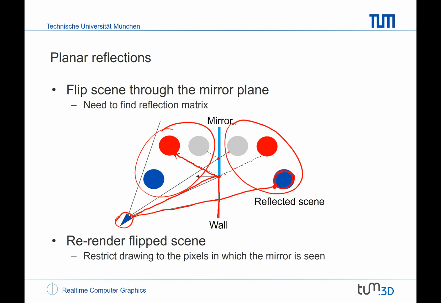However, because that flipped object is hidden by the opaque wall, we have to make sure that only those objects of the flipped scene are maintained in the final rendering which are seen through that mirror part, so to say.